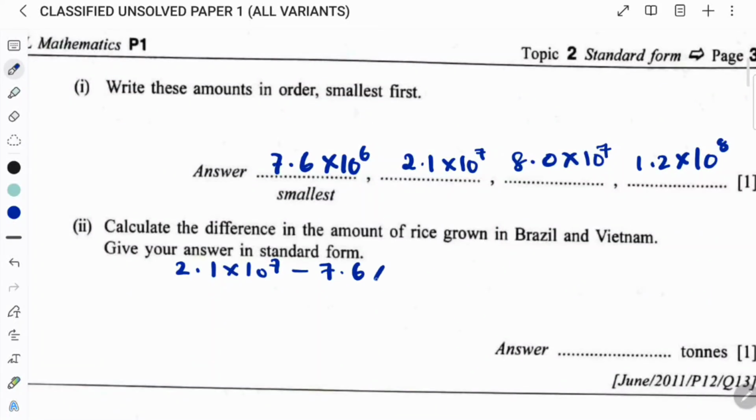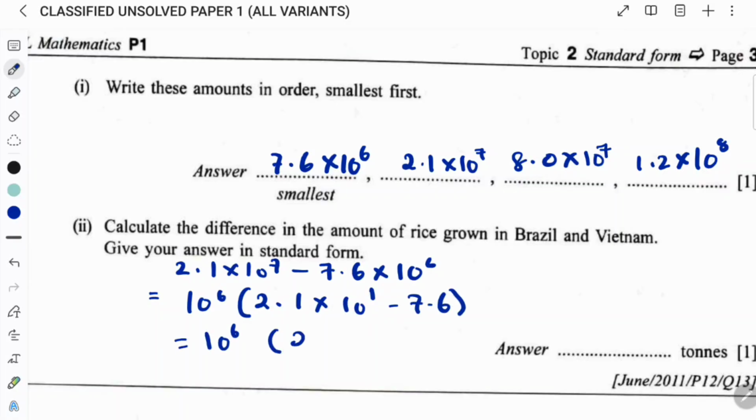This is a subtraction question. So the common power is 10 to the power 6. 2.1 into 10 power 1 minus 7.6, that is 21 minus 7.6. So how much is 21 minus 7.6? Zero, and it is coming 10. 4 is the number remaining.